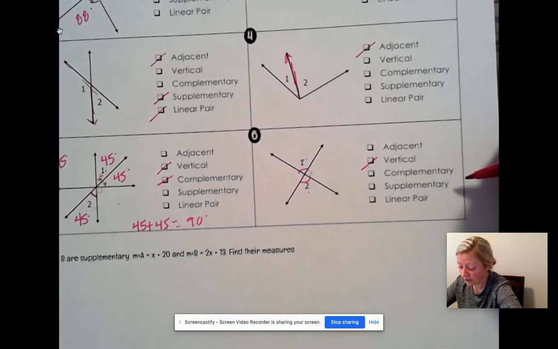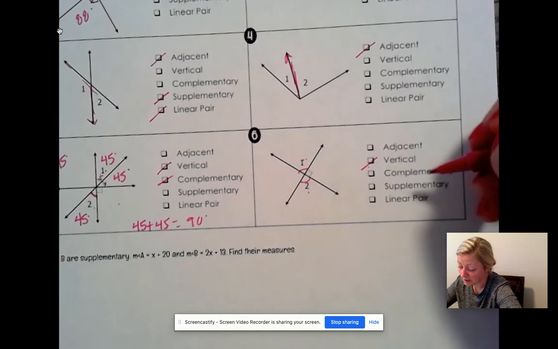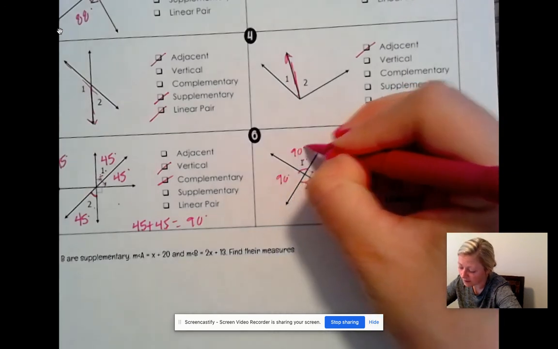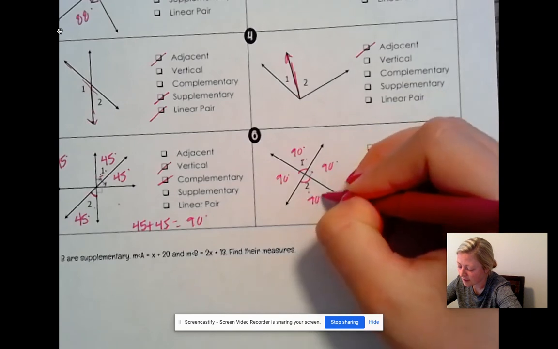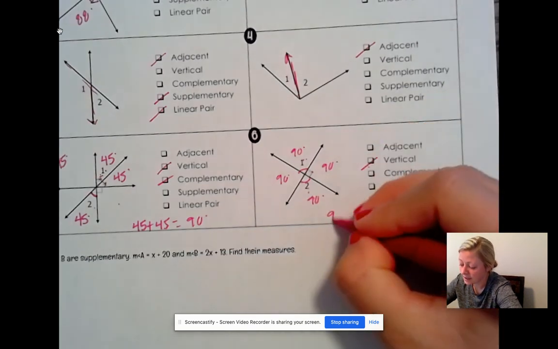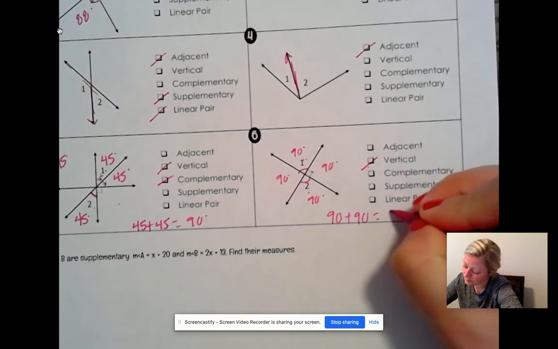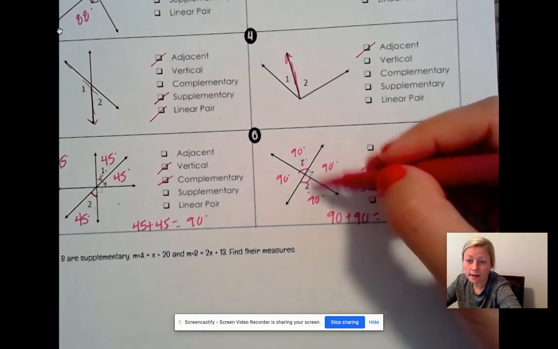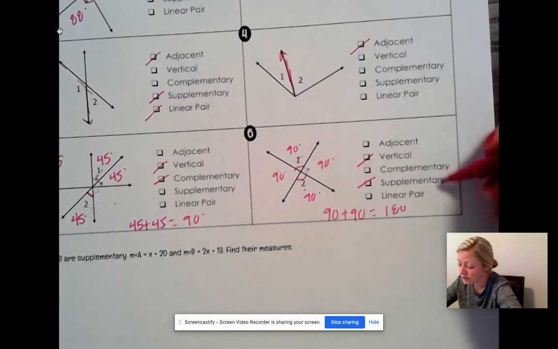No. Actually, in this case, they equal 90 because if this is a right angle, all my other angles here are right angles, which makes them supplementary, right? Because 90 plus 90 equals 180. But do they form a linear pair? Do angles 1 and 2 make a line? No, they are just supplementary.